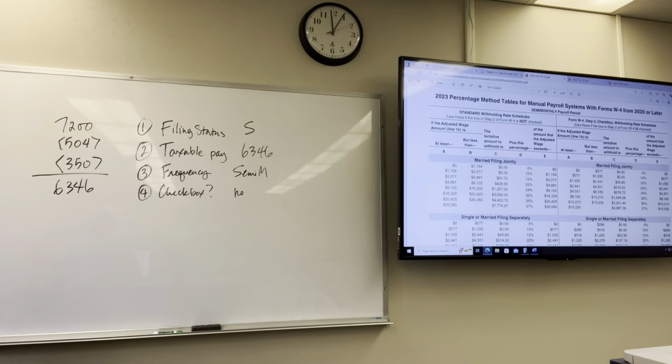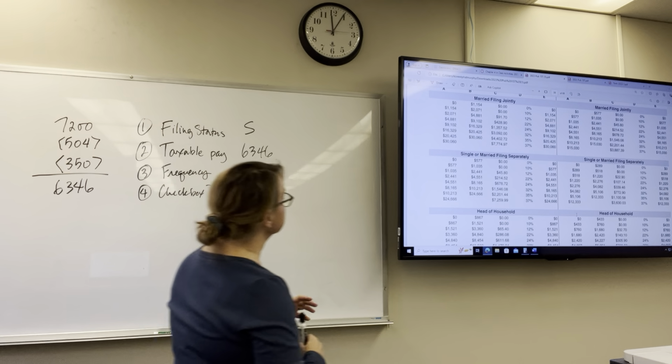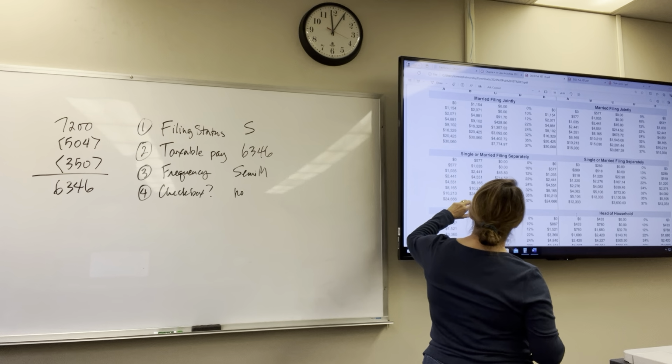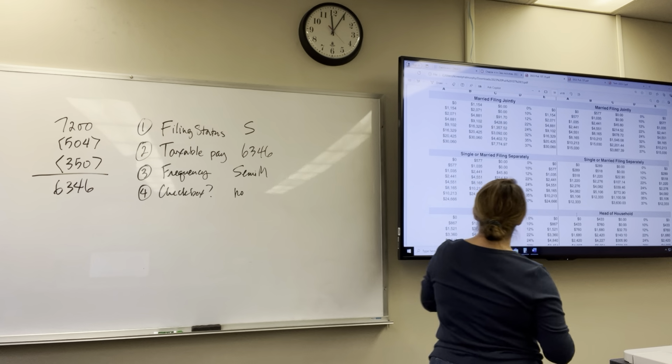Single filing status, so we're gonna use this table here. All right, so 63.46, and this is the same for semi-monthly, yeah. 63.46 is between 45.51 and 81.65.